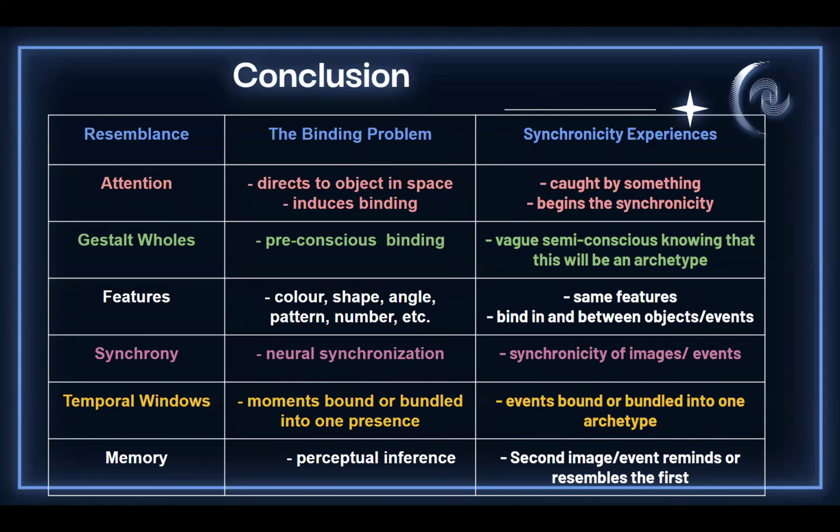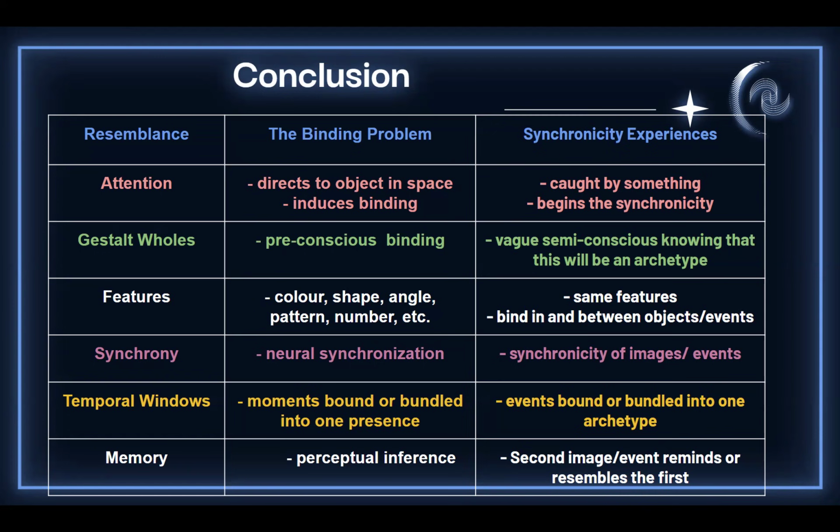Features are, of course, a very prominent feature here in both experiences. So in binding, of course, features we separate into color, shape, angle, pattern, number, and this we're talking about visual binding. And all of these are bound into one object.